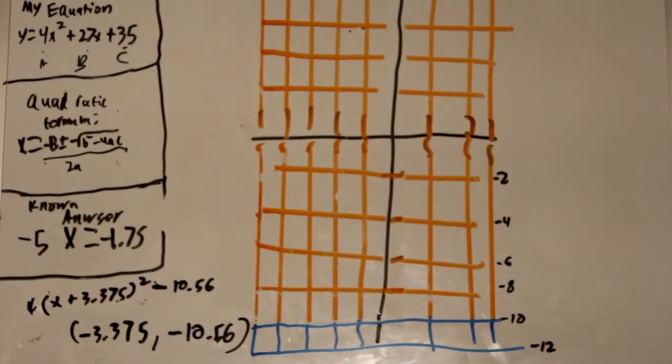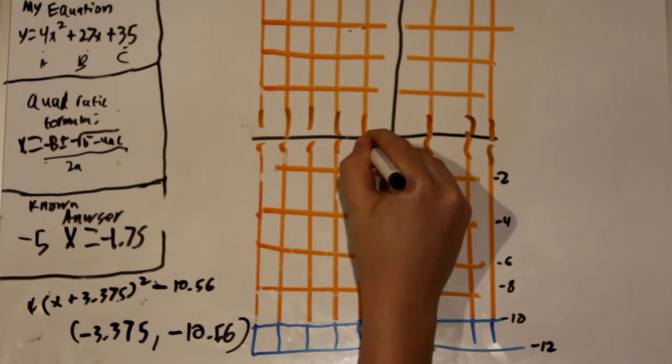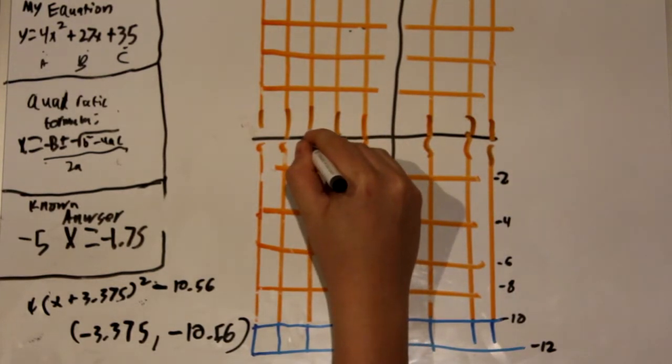Okay, so now let's start plotting our graph. First we need to find the vertex. You can see that I've added just a little bit of our graph here. So we are going to go over negative 3.375 spots. 1, 2, 3, 3.375.